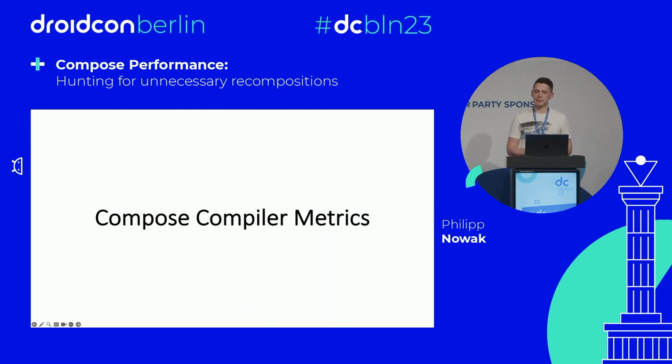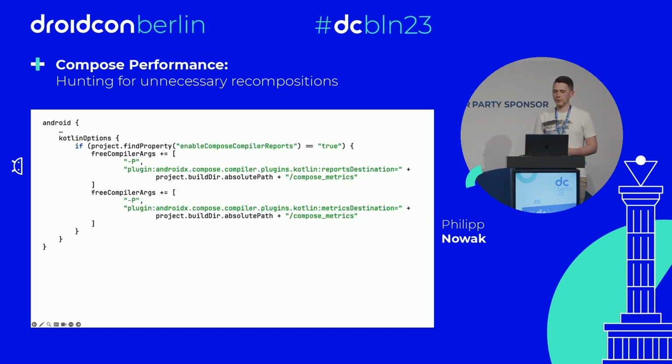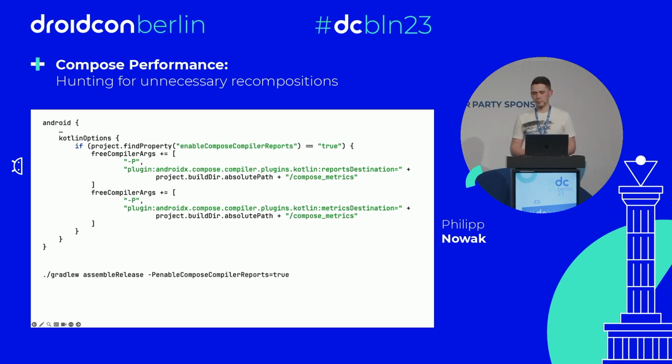The compose compiler is able to generate reports during compilation which contain some useful insights about all your composable functions. To enable the generation of these reports, you need to add this little snippet to your build.gradle and build your app in release mode with this build parameter. Now, you may ask why it is necessary to build in release mode, right?